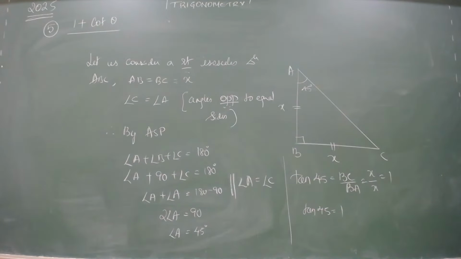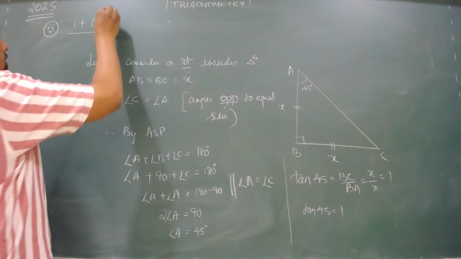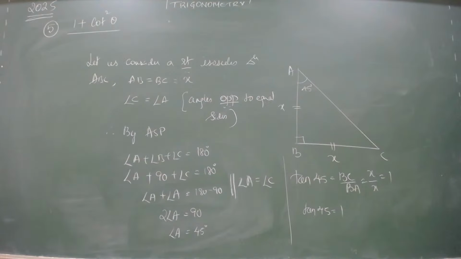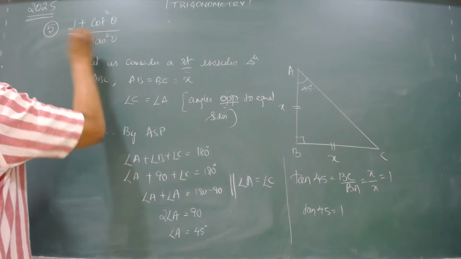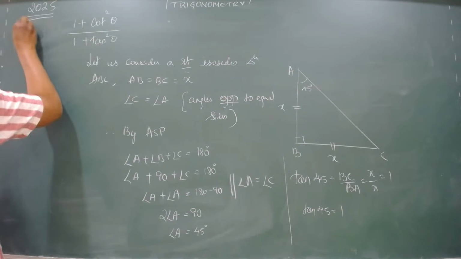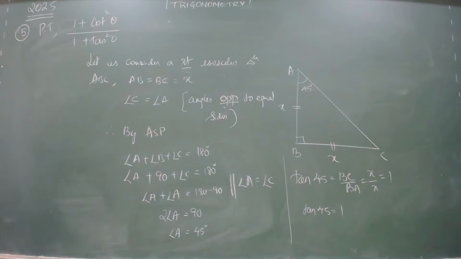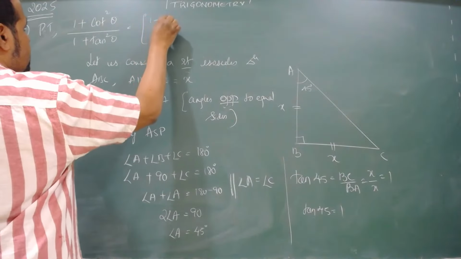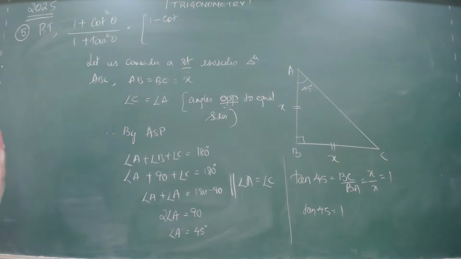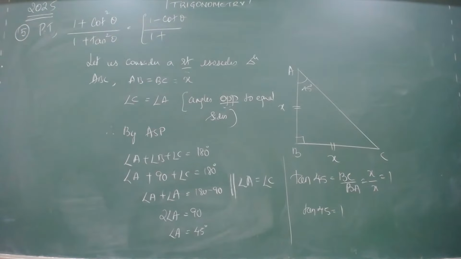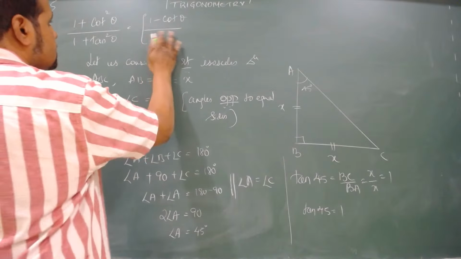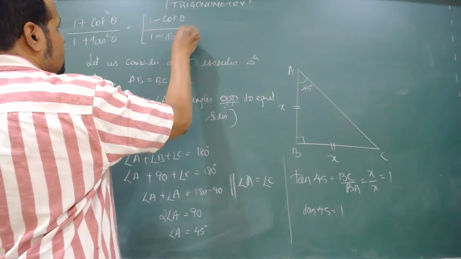Prove that 1 plus cot square theta divided by 1 plus tan square theta is equal to 1 minus cot theta by 1 minus tan theta.